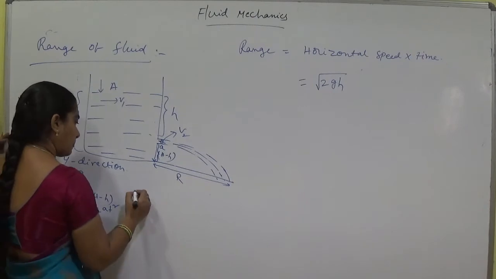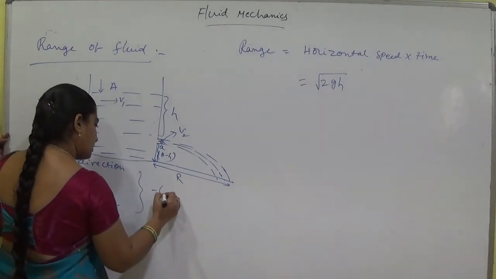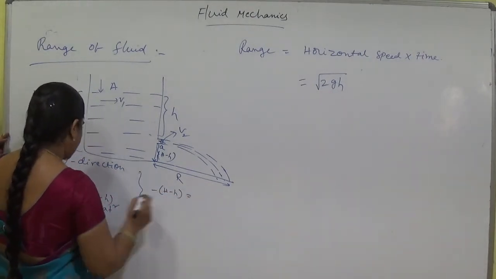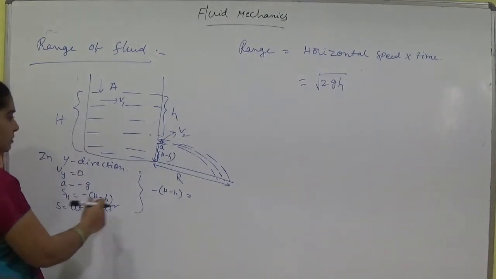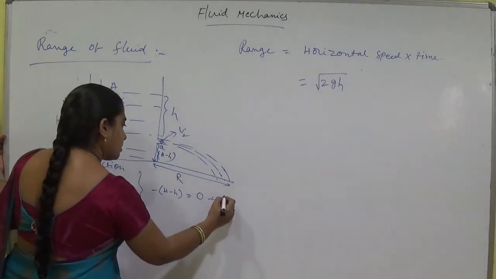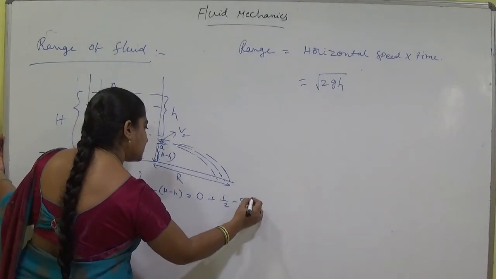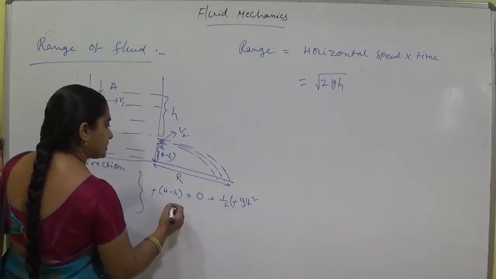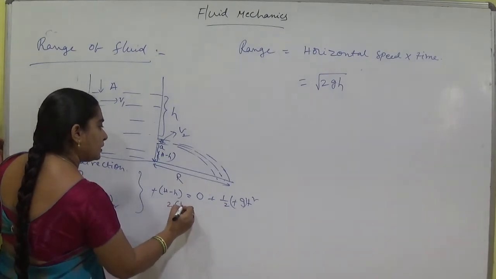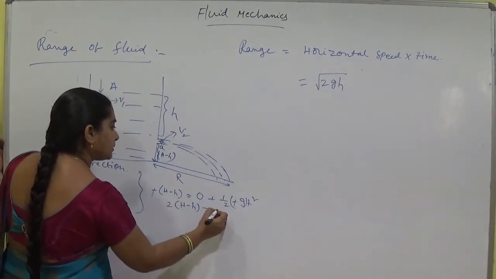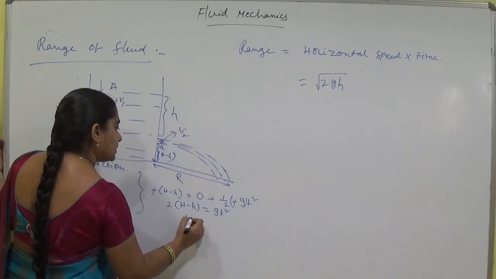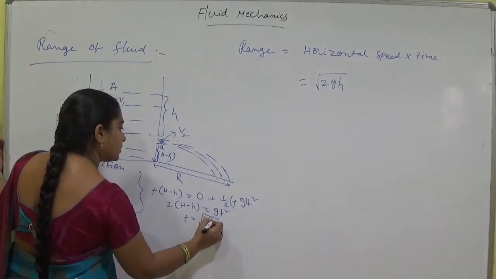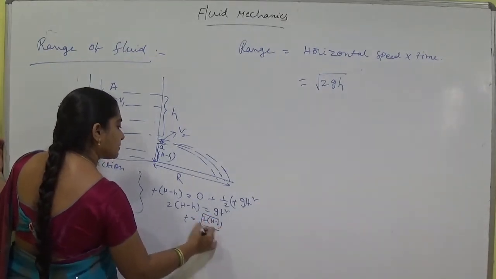So H minus h is equal to uy, already 0, plus half into g t square. The minuses cancel. 2 into H minus h is equal to gt square. T is equal to root of 2 into H minus h by g.